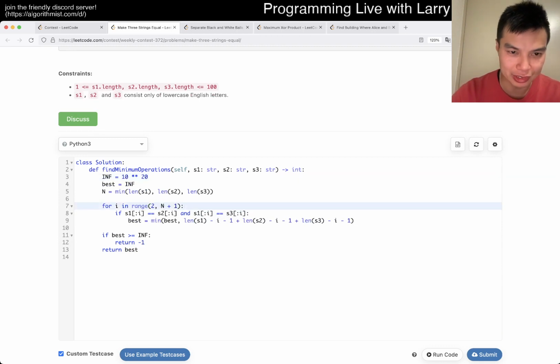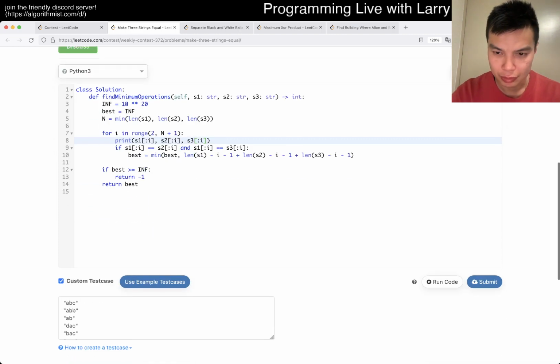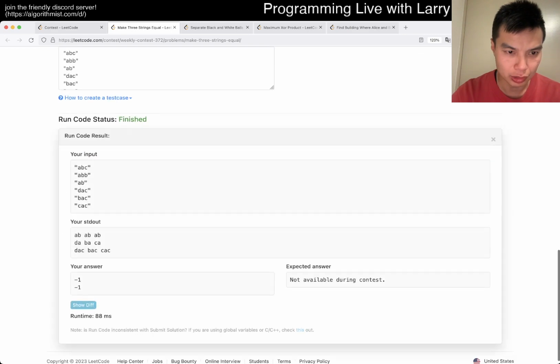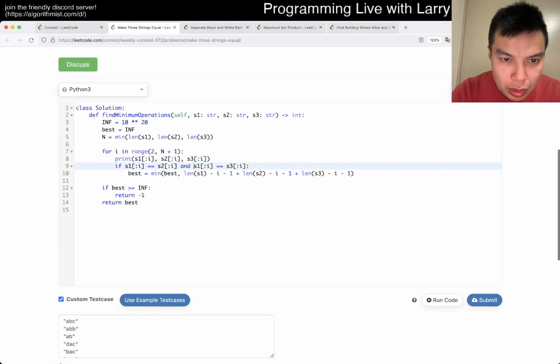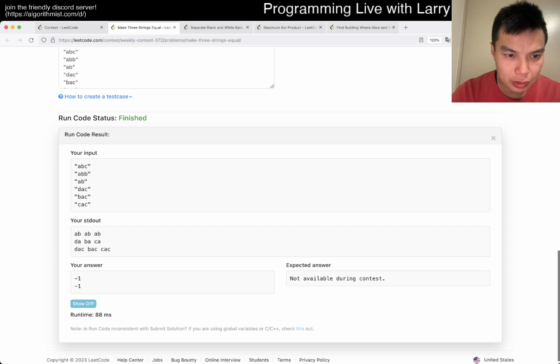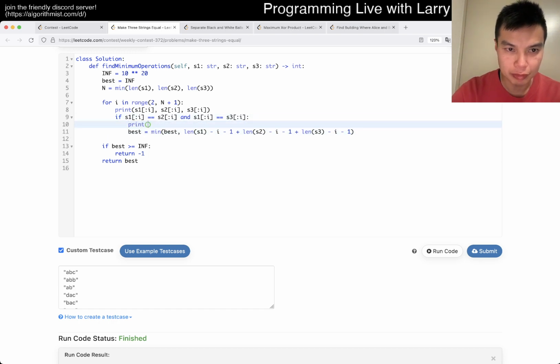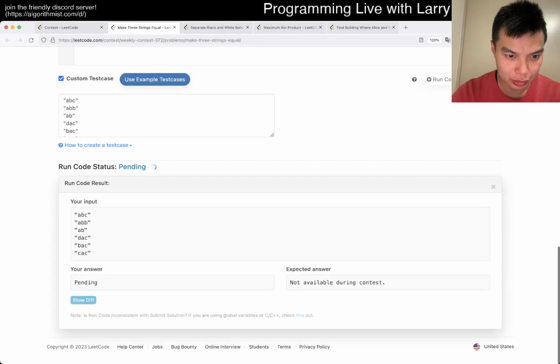Man, this is X. Right? So it should be AB. This part is right. Maybe. What is this equal to?